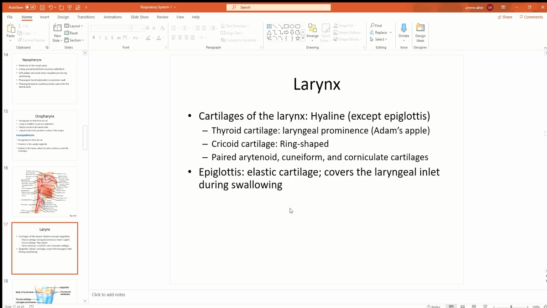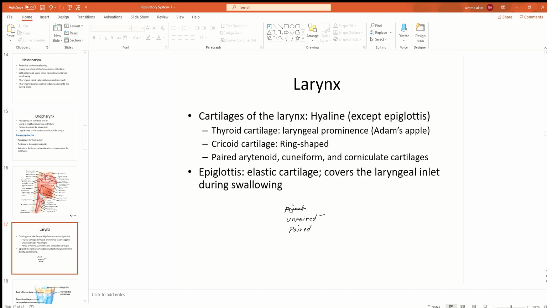So in the larynx you have two types of cartilages, unpaired, that means single, and paired. Okay, so two types of cartilages.